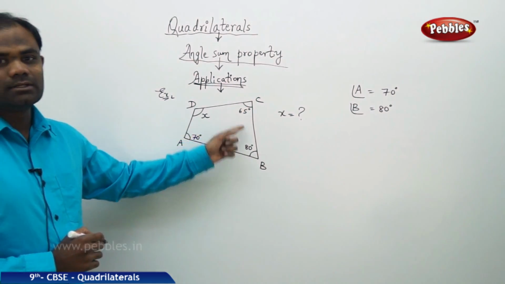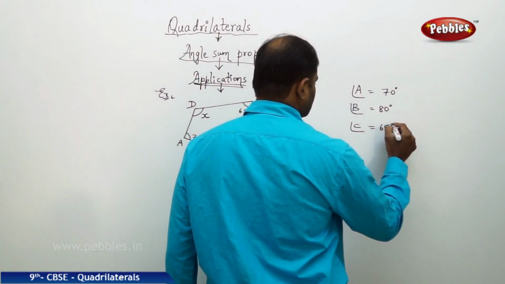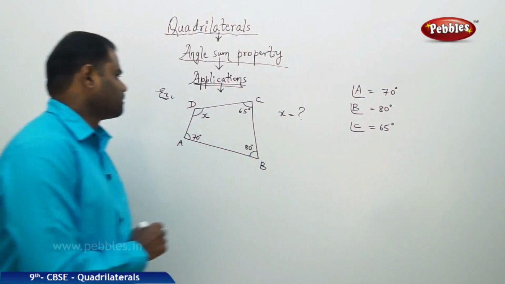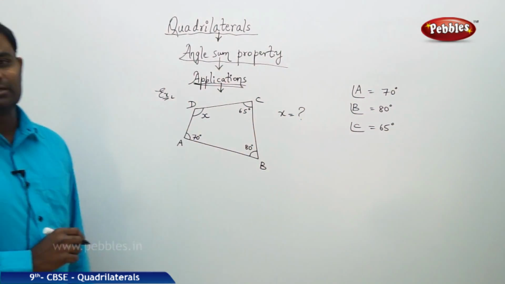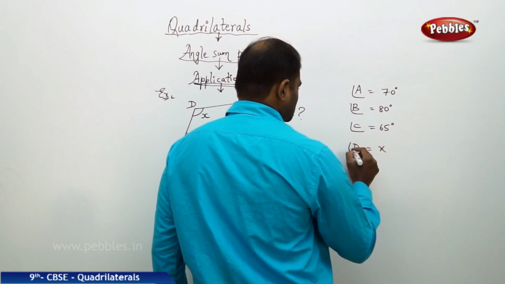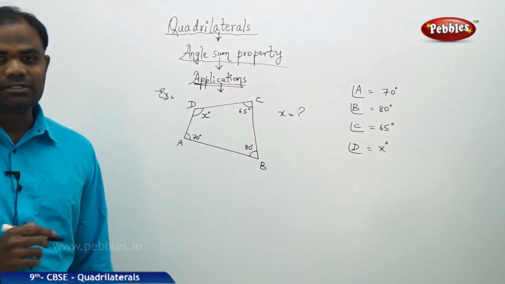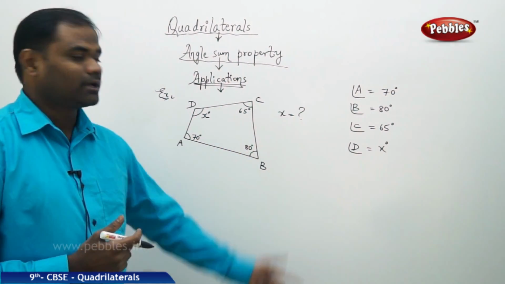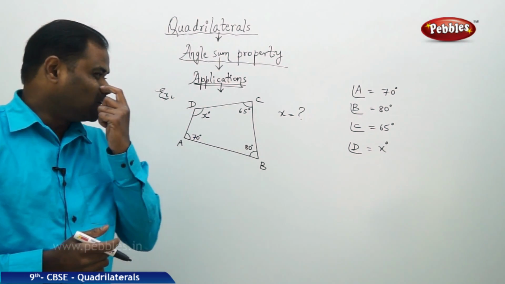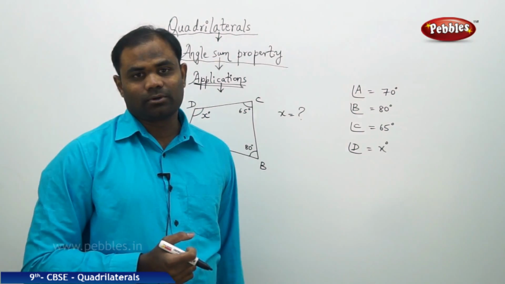My angle C is given to be 65 and my angle D is given to be X, and we need to find the angle D, that is the value of X. So let's see how we can find the angle D using angle sum property.